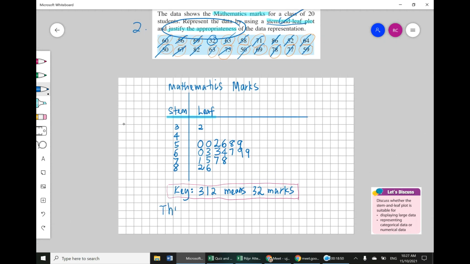You write like this, this stem and leaf plot. You have to use a dash in between. That is the format of writing it down. This stem and leaf plot is suitable for what?